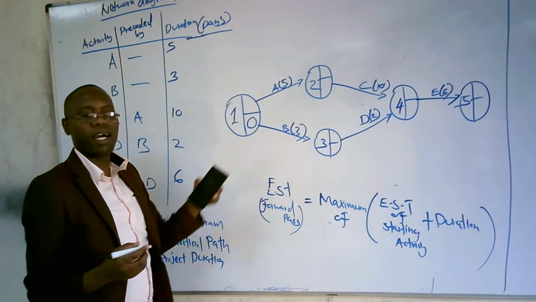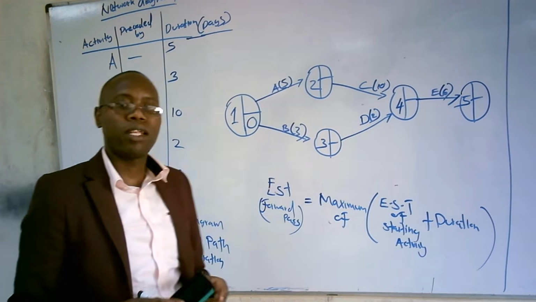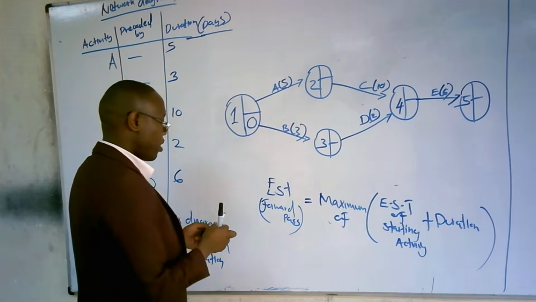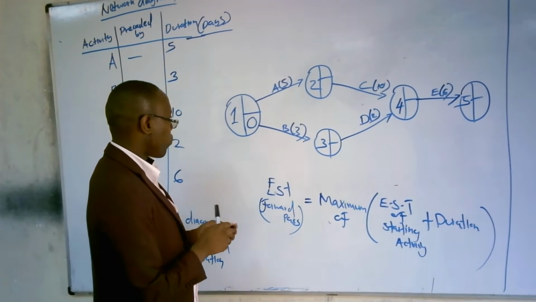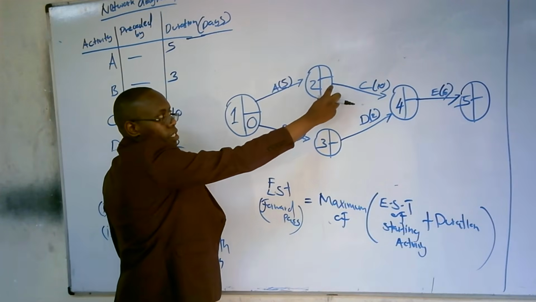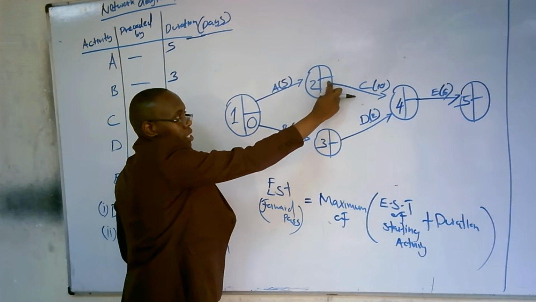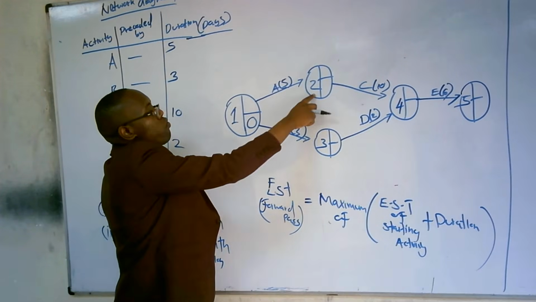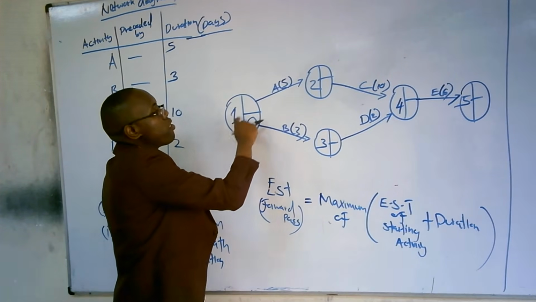The earliest start time under that node number 1 will always be 0. And then we are going to move to node number 2 and find the earliest start time here. For us to move from node number 1 to 2, we only need one direction, that's 1 to 2.